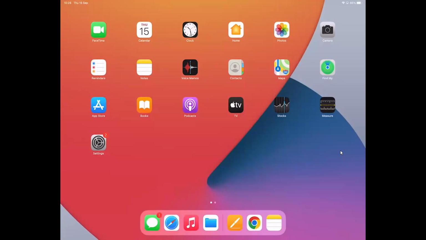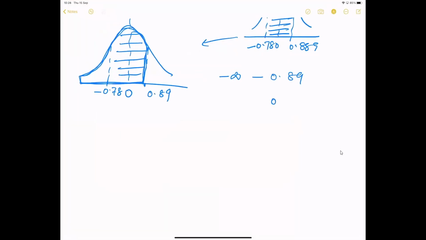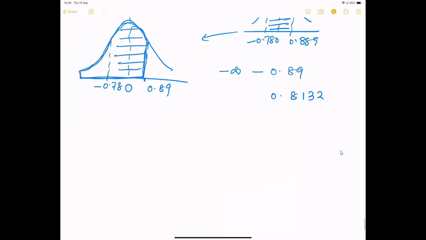Just consider that value 0.8133 from negative infinity to this point. This total area, right?